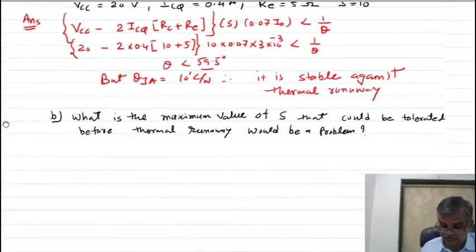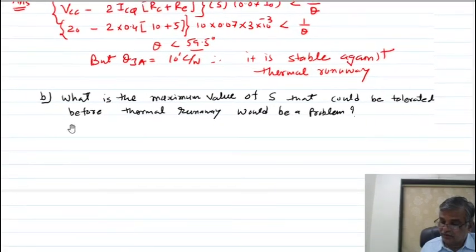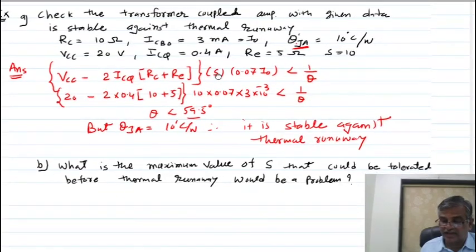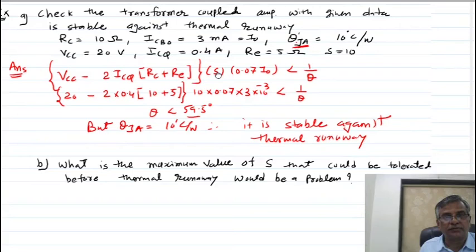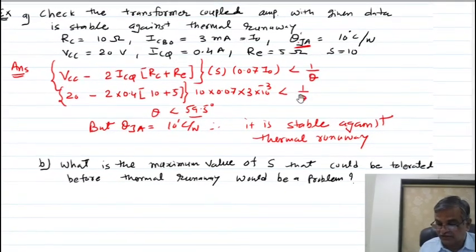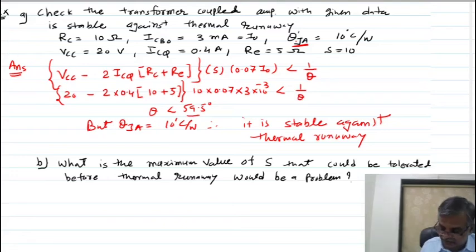Now, second question. What is the maximum value of S that could be tolerated before thermal runaway would be a problem? Means what should be the stability factor S you should keep at maximum so there is no problem of thermal runaway. If the theta is this much, how much? 60. See, I am writing the equation, you get some idea.